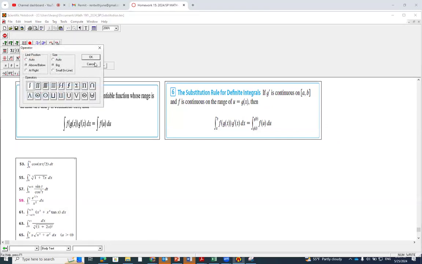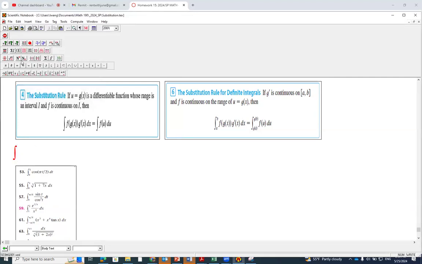So integration of the function, interval is 1 to 2, and the function is e to the power of 1 over x, divided by x squared, and then dx. So we're going to work on that.